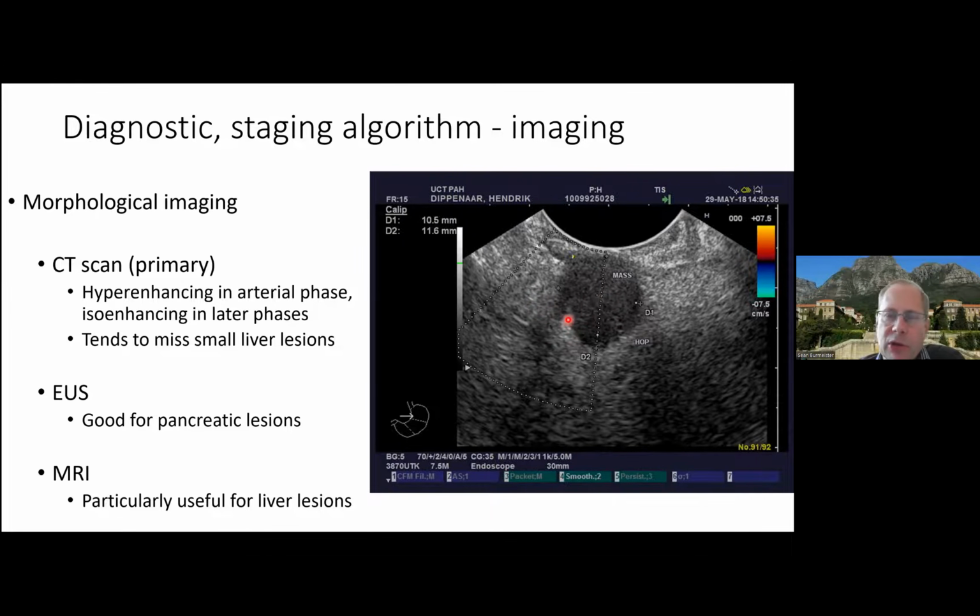You can get other information as well, such as proximity to vasculature and in particular to the pancreatic duct, especially if you are considering doing an enucleation of, say, a gastrinoma or another type of functional lesion.